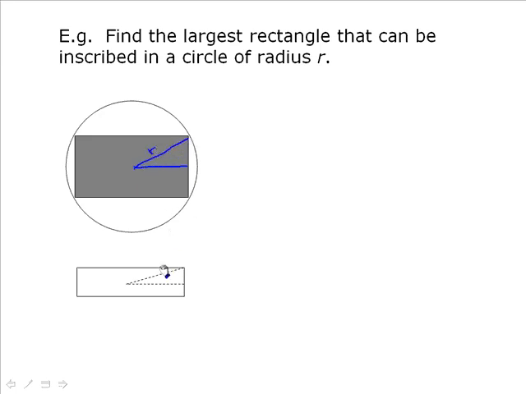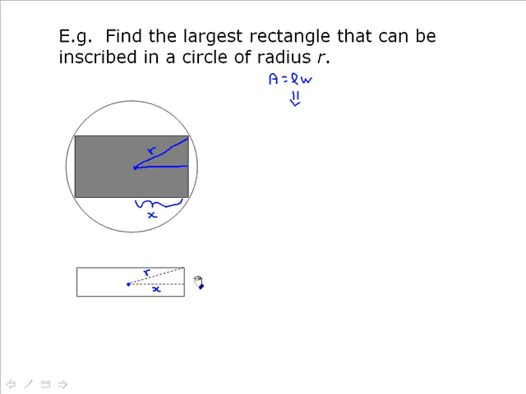Here's your radius right there, and to maximize a rectangle we use the formula L times W. I'm going to solve this one in terms of x, so I'm going to make the distance from the center of the rectangle to the outside, the inscribed part, to be x.